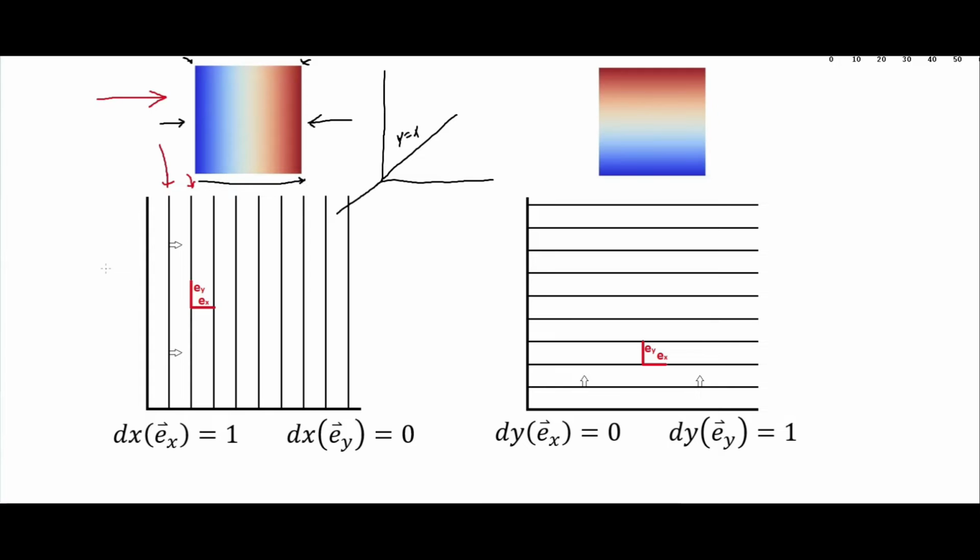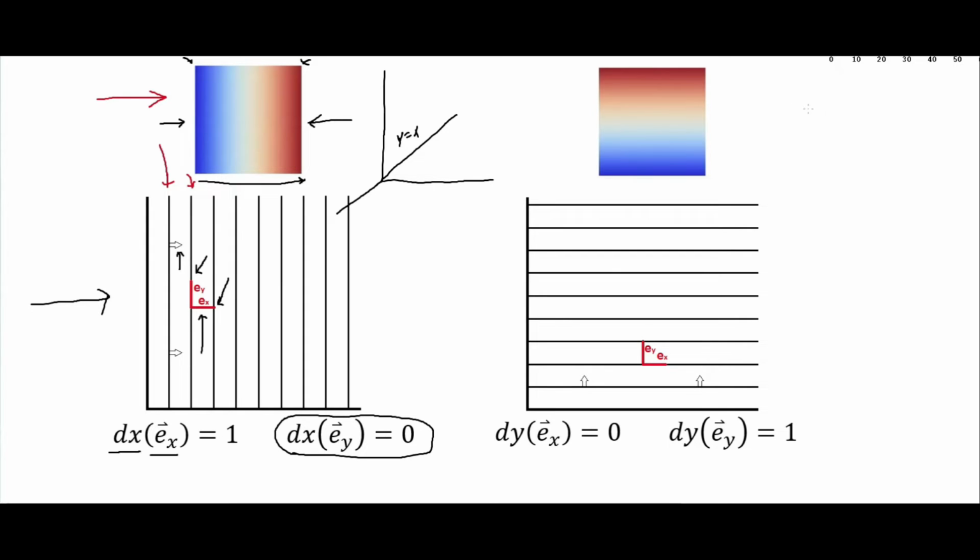And so I put these little arrows here just to show in which direction this is increasing. And in red here I actually have the basis vectors. So this whole thing is kind of like the basis covector, but this little red thing is the basis vector. And we can see if we take the dot product of the basis covector with the basis vector, it crosses once, and that's right there where the e_y does not pierce through any of those lines, and so that actually comes out equal to 0.